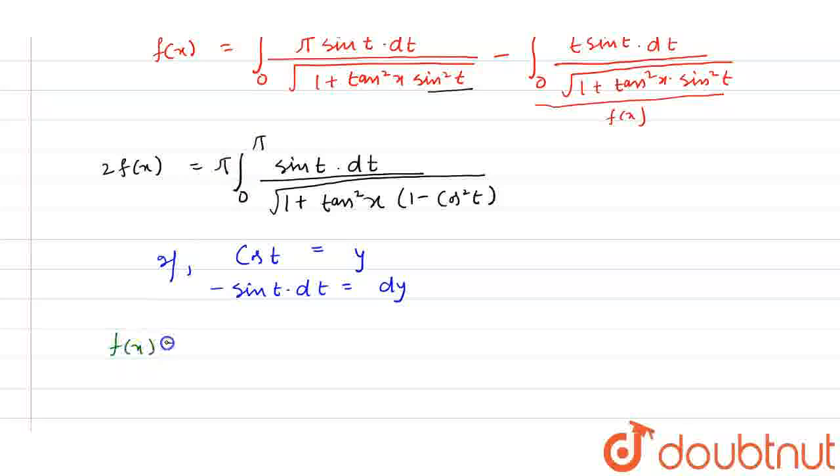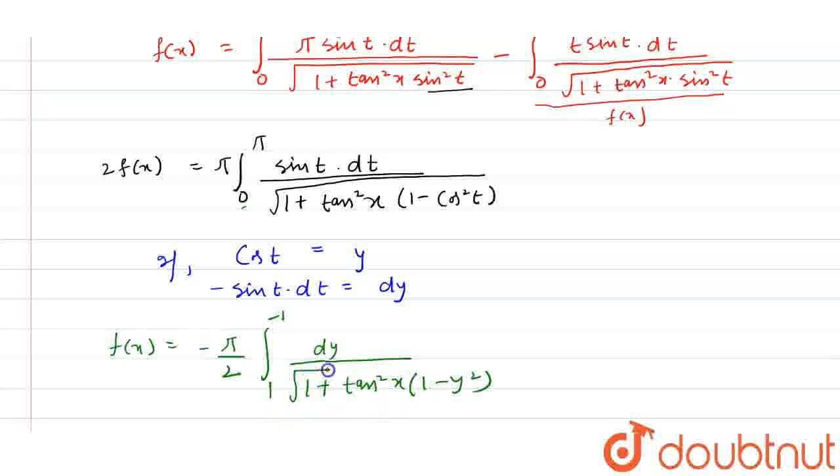Now by putting the value of sin t dt, we get f(x) is equal to pi by 2, minus, because this minus comes here. Now by putting the limits, cos 0 is equal to 1 and cos pi is equal to minus 1, dy upon root 1 plus tan square x into 1 minus y square.